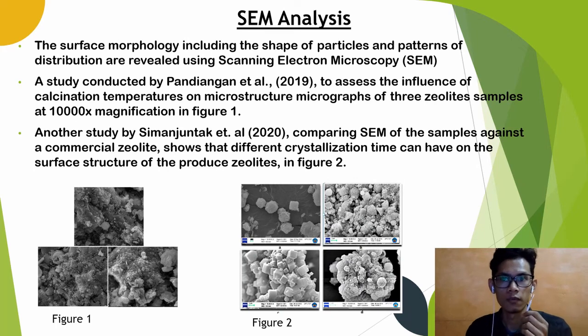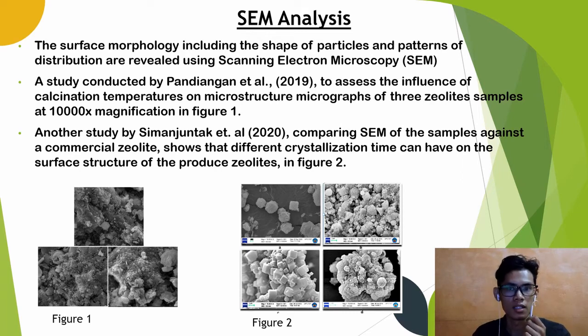The surface morphology, including the shape of particles and pattern of distribution, are revealed using scanning electron microscopy, or SEM. A study conducted by Padiangan to assess the influence of calcination temperature on microstructure shows micrographs of 3 zeolite samples at 100x magnification in figure 1.